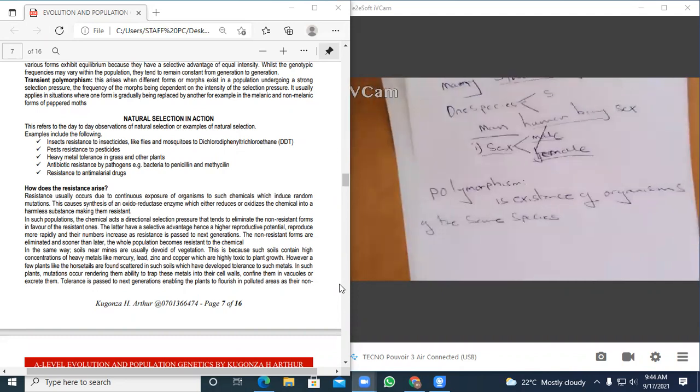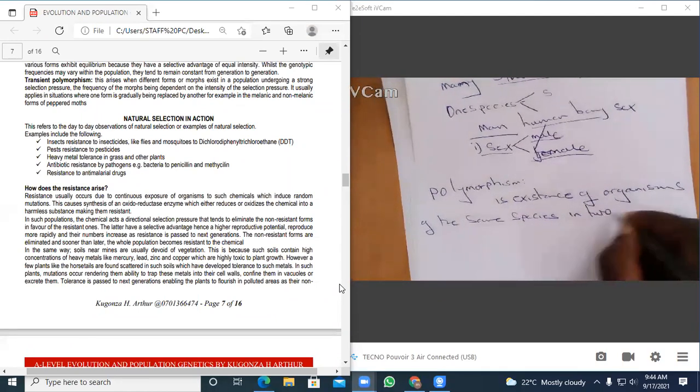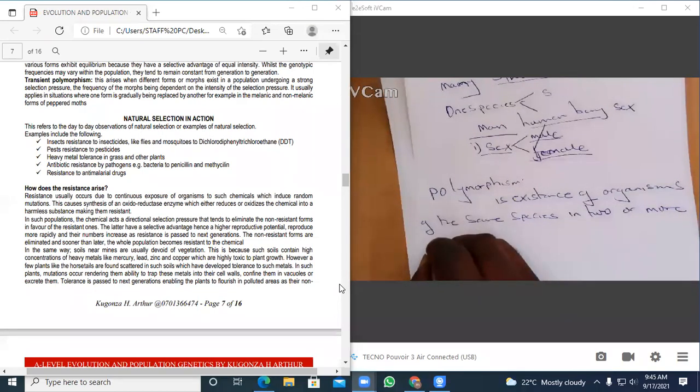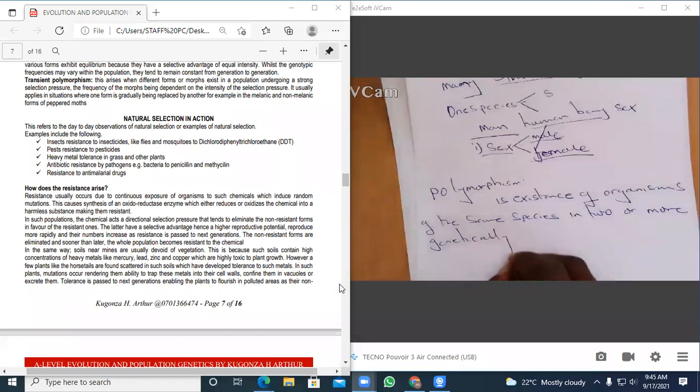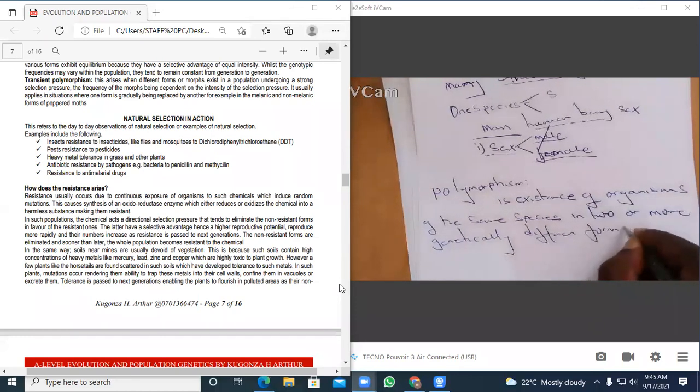But you will find organisms of the same species existing in different forms. Polymorphism is the existence of organisms of the same species in two or more genetically different forms in a population.